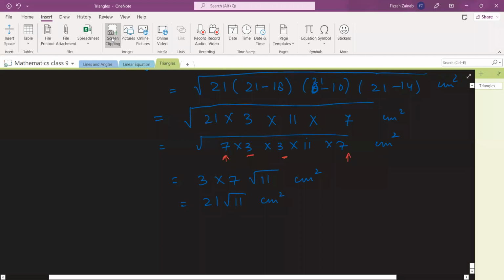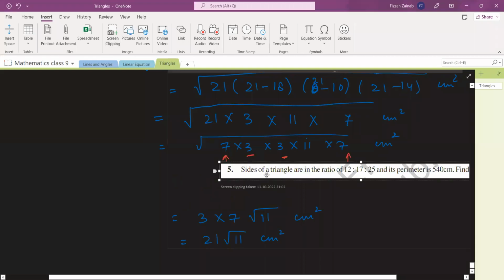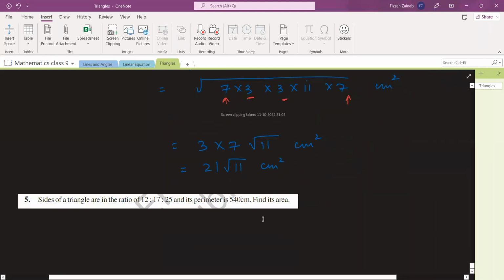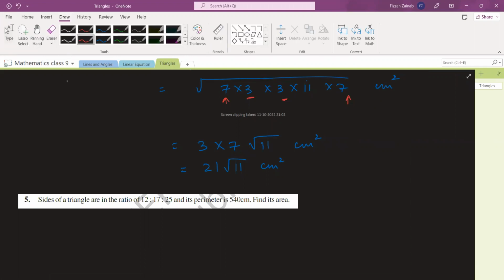Next question number 5. The sides of a triangle are in the ratio, okay, and its perimeter is given, find its area, okay. So when ratio is given, that means you have to take them like this.